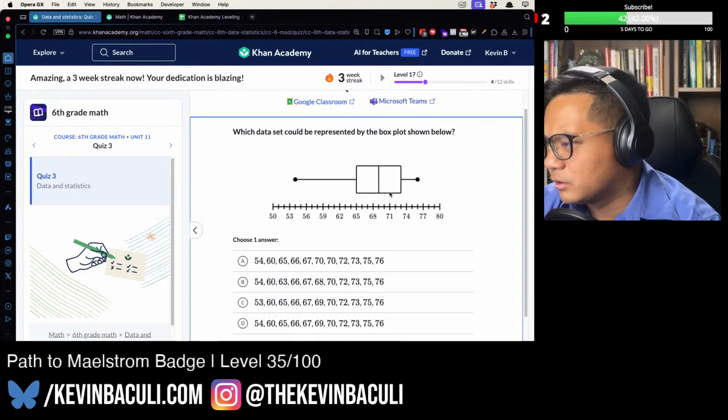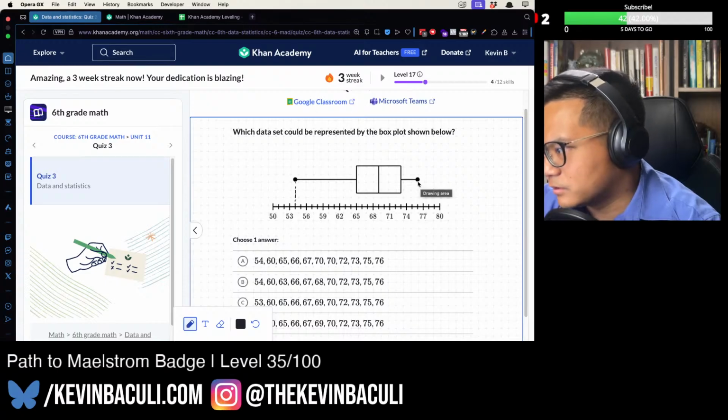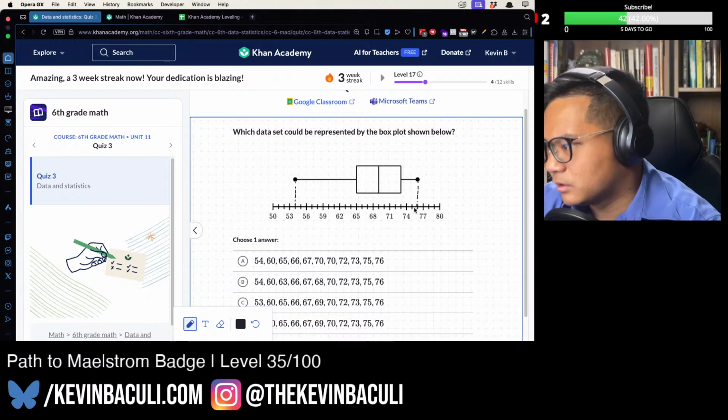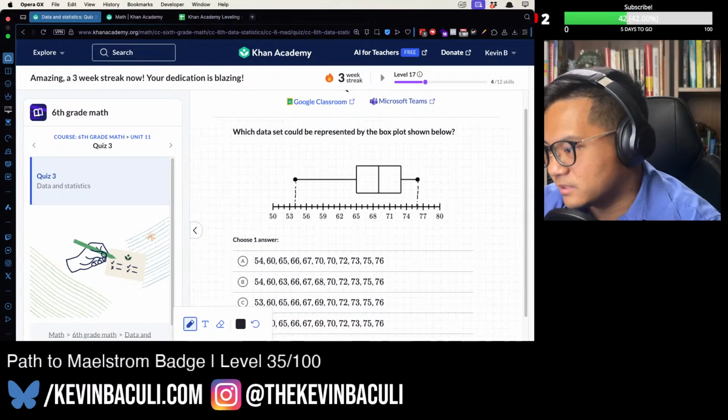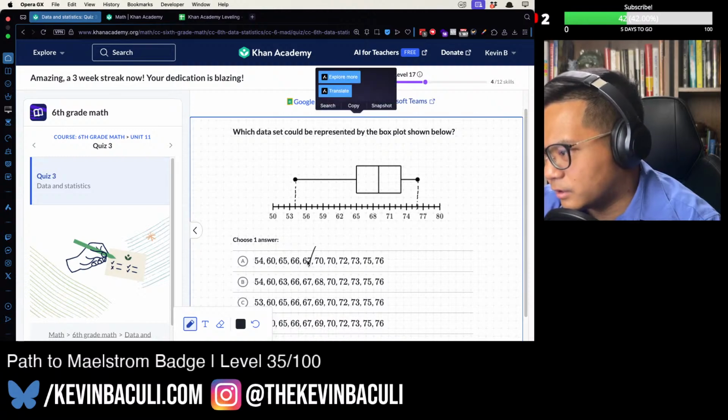So range from 54, let's see, 54 to 76. Let's look at that range, 54, so it's either A or, it's not C. The median is, so we have 2, 4, 5, 1, 2, 3.